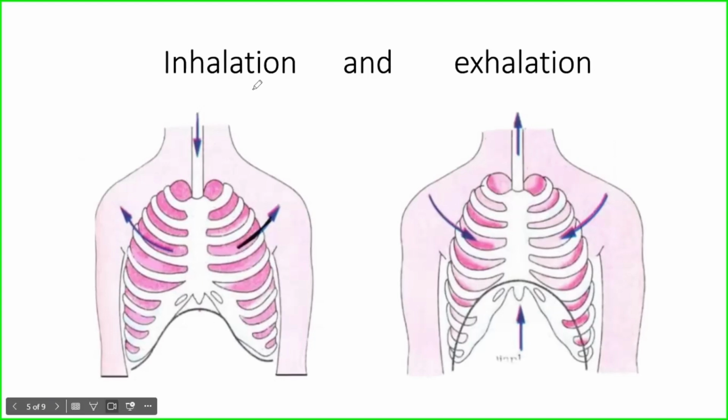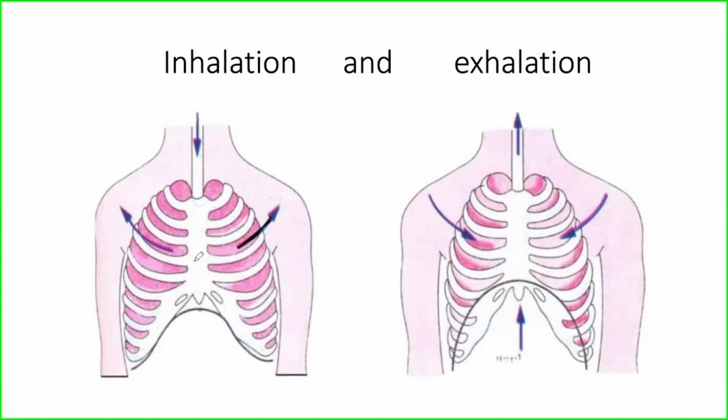Breathing involves two mechanisms, inhalation and exhalation. During inhalation, air is inhaled. Air rushes into the lungs. During inhalation, the ribs move outward and the diaphragm moves downward. The diaphragm is a dome-shaped muscular sheet that lies below the lungs.